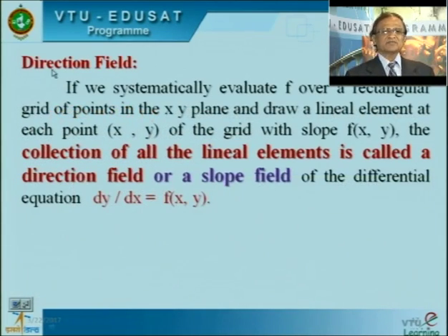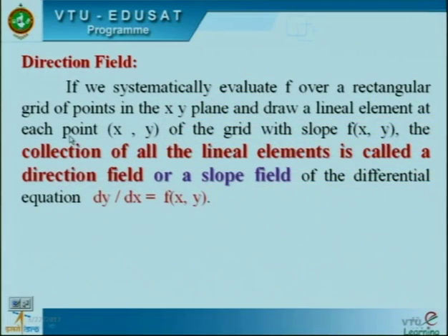Sometimes we need to find a direction field. You may ask, what do you mean by a direction field? If we systematically evaluate a function f over a rectangular grid of points in the xy plane and draw a linear element at each point x y of the grid with slope f of x y, the collection of all the linear elements is called a direction field or a slope field of the differential equation dy by dx is equal to f of x y.